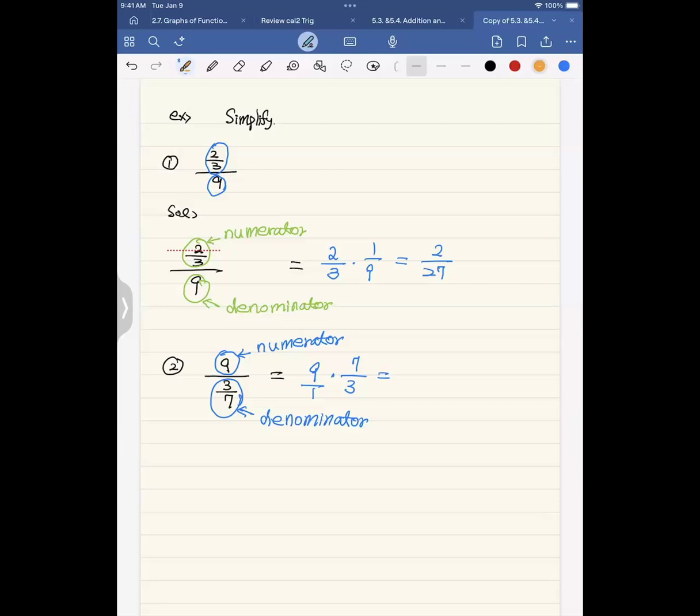What is 9? 9 is 3 times 3. So the 3 on the numerator and denominator will cancel each other. And we have just 1 in the denominator and 3 times 7 in the numerator. So 21 is the final answer.